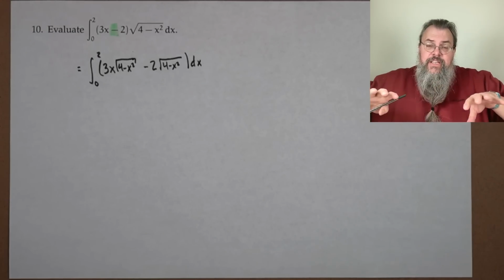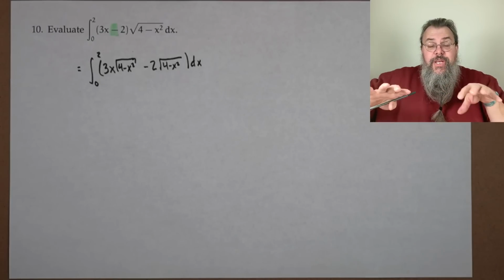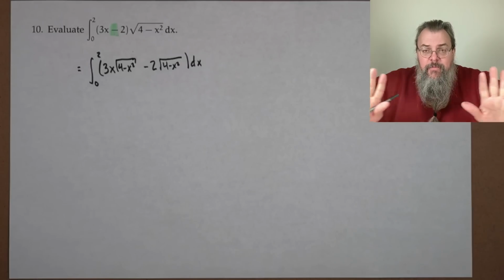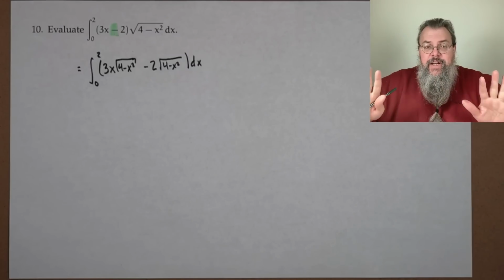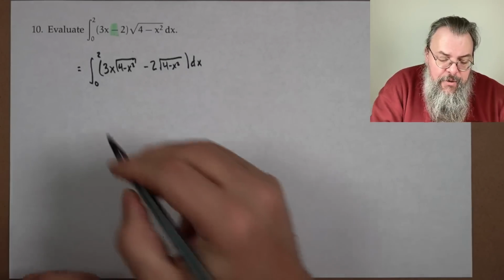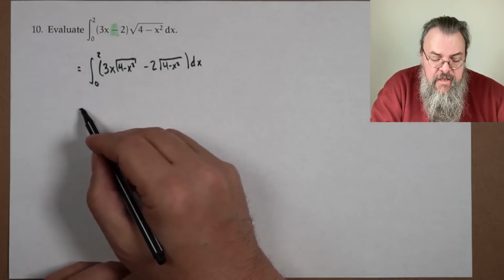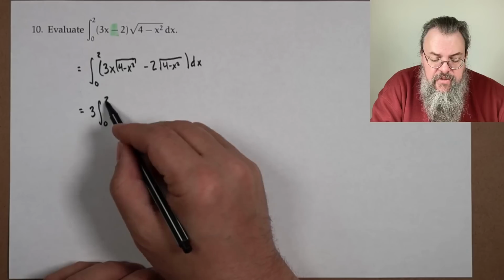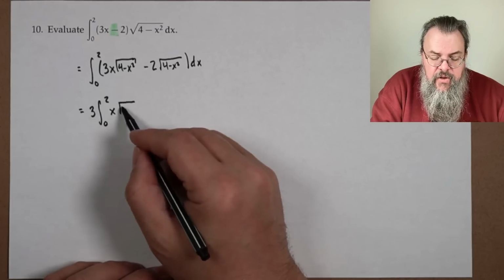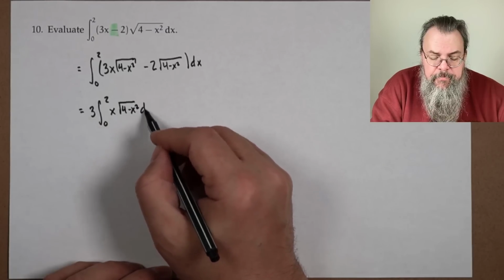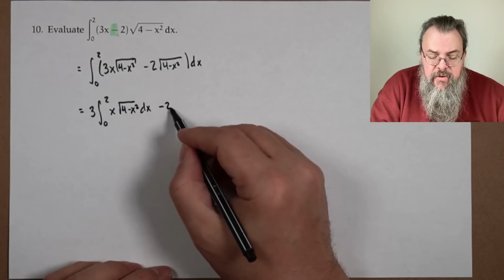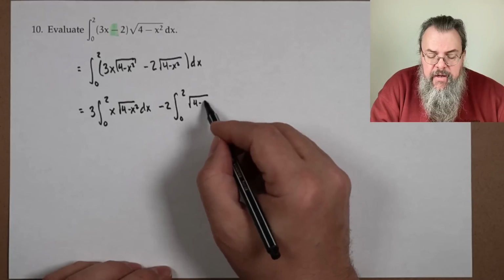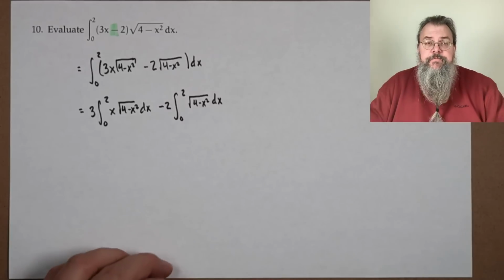So by separating them, I can use separate ideas on each side. And so there is a power that comes with separation. So we have 3 integral 0 to 2 x square root 4 minus x squared, and then minus 2 integral 0 to 2 square root 4 minus x squared dx.